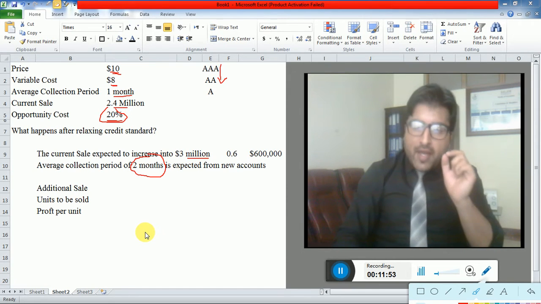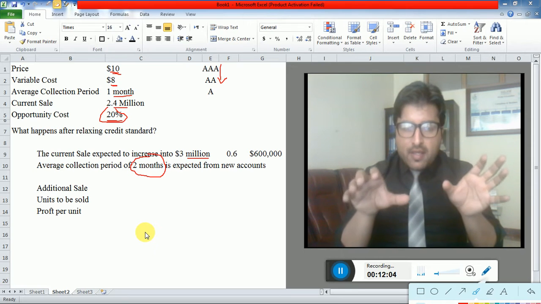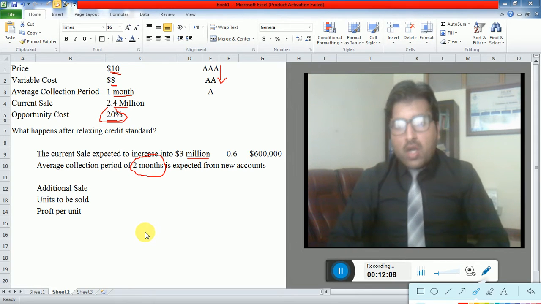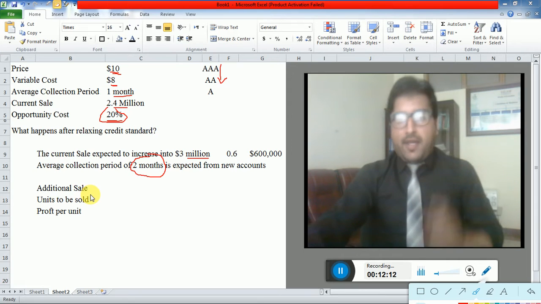Or if you are a finance manager and it is your responsibility to evaluate this situation, then 2 things you have to look at: profit and cost. So you have to analyze the profit and cost to make sure whether to lower the credit standard or not to lower. Okay, you need to know first about 3 things.